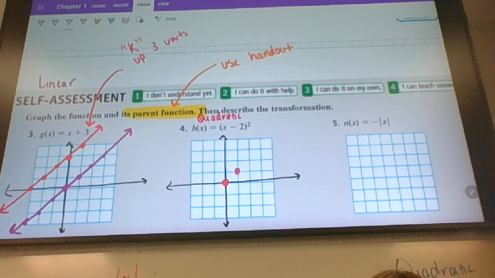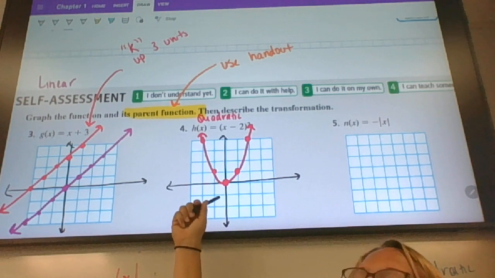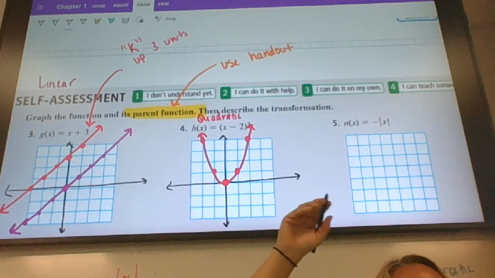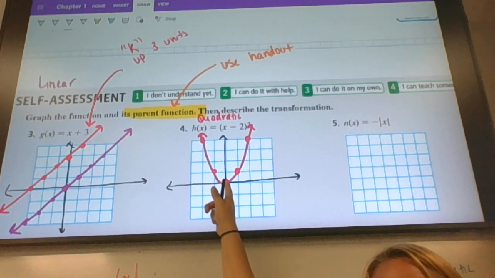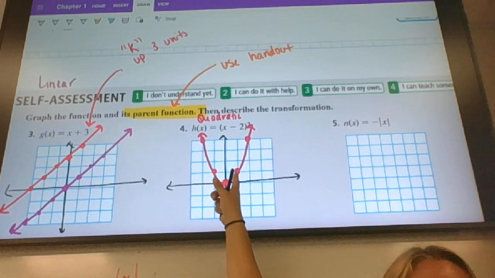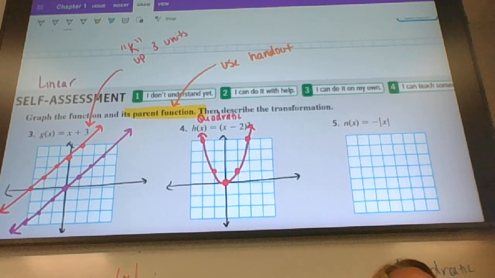But in a parabola, our next point is over 2, up 4. And my hope for you is in the next several days that this is something you have committed to memory. The parent quadratic, you could just know what it looks like. Go in the origin, over 1, up 1, over 2, up 4. You know, just to be able to draw that one.